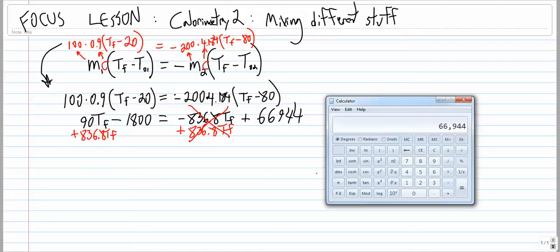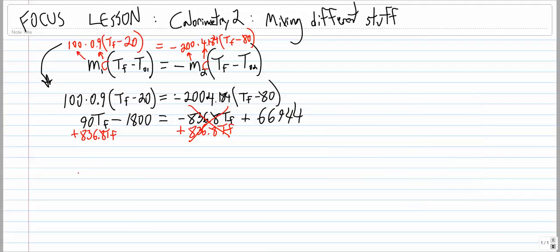And let me add that really quickly here. 90 plus 836.8 equals 926.8. 926.8 TF. I'll bring down my equal sign here.